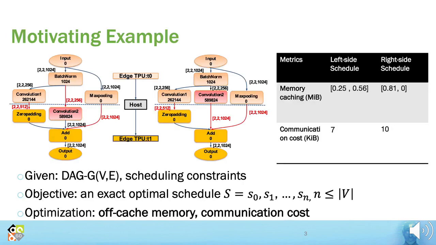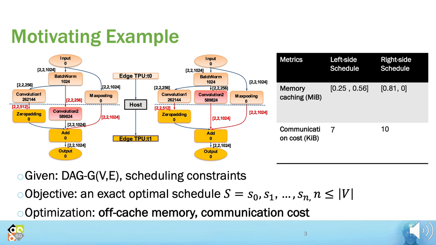Given a DAG-based DNN graph, the goal of DNN scheduling is to find the best pipeline scheduling solution with defined constraints. It targets optimization objectives, such as on-cache memory usage per stage. Consider a basic illustration shown in the following figure, where the only difference between the two schedules is the convolution tool.